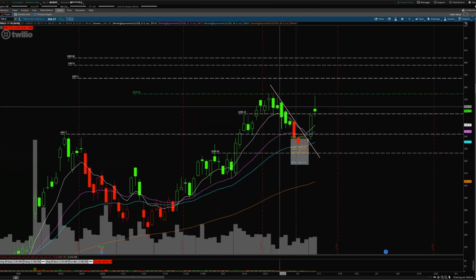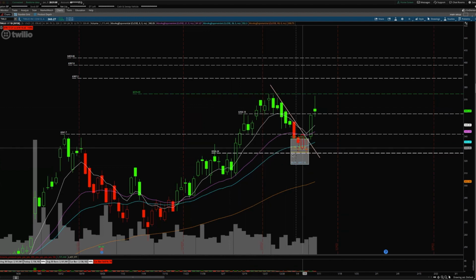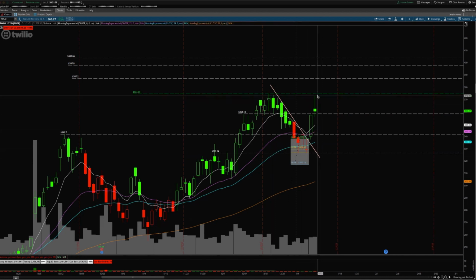We come back down to retrace, and we actually use this level previously as resistance turned into support. So you can see that we have some confluence between this price level and this Fibonacci retracement. From here, this is a good buying opportunity with TWLO, and you could have taken an entry here for calls, for a bullish position on TWLO. You would have caught this 326 level all the way up to almost a retest of the all-time high, up to this 373 level.